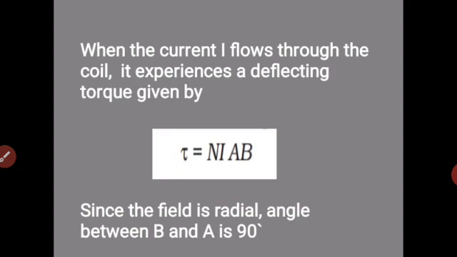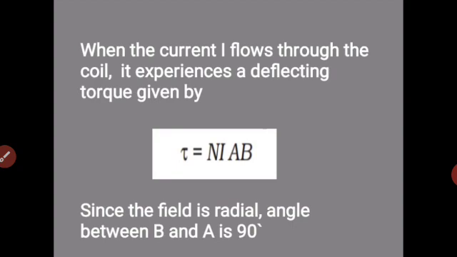Because we have made the radial magnetic field, the coil is always parallel to the component of B, that is the magnetic field. Hence, theta will always be 90 degrees. And we know that sine 90 is 1. Thus, we have reduced the equation to torque equals NIAB.